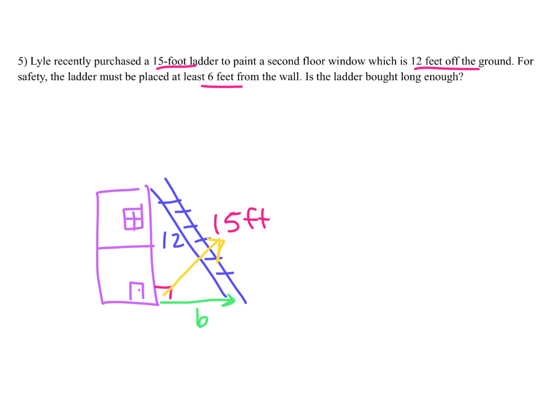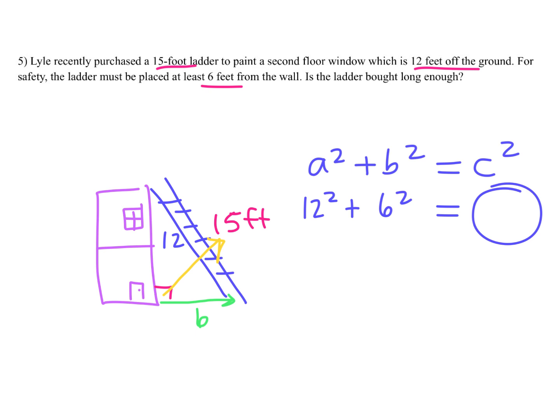So let's take a look. A squared plus B squared equals C squared. All right, so we have our legs. So 12 squared plus 6 squared. And we want to see what that ladder height would be, and if 15 feet is long enough.